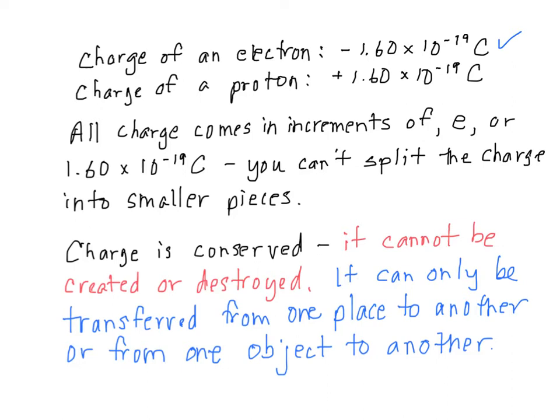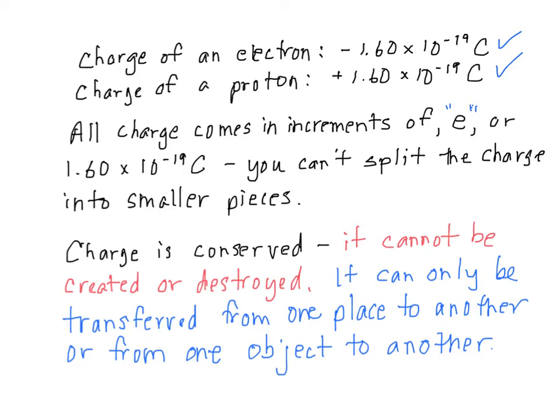Every electron, whether it's here on Earth or somewhere out in the universe, has that exact amount of charge, and every proton has exactly the opposite, positive 1.6 times 10 to the negative 19th coulombs. All charge in the universe comes in increments of this charge. We call it e. That little lowercase e represents 1.6 times 10 to the negative 19th.